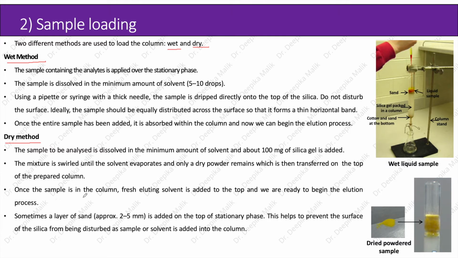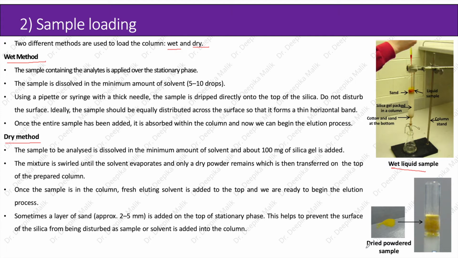Once the sample is in the column, fresh eluting solvent is added to the top and we are ready to begin the elution process. Sometimes a layer of sand, approximately 2 to 5 mm, is added on the top of the stationary phase. This helps to prevent the surface of the silica from being disturbed as sample or solvent is added into the column. You can see the illustration of both the methods in the images shown.